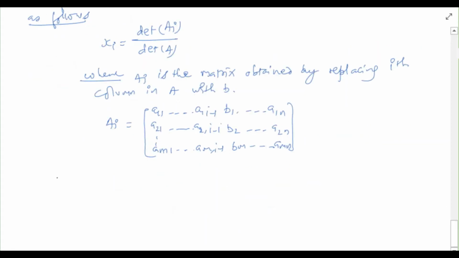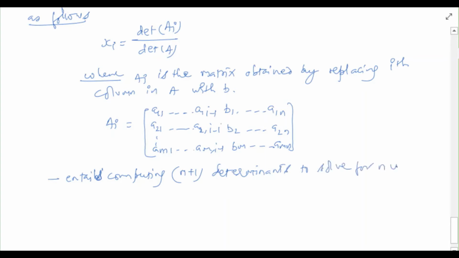So Cramer's rule involves computing n plus 1 determinants to solve for n unknowns.